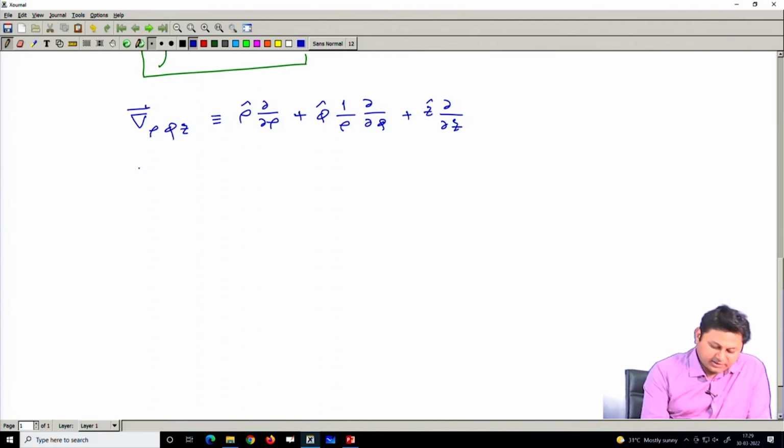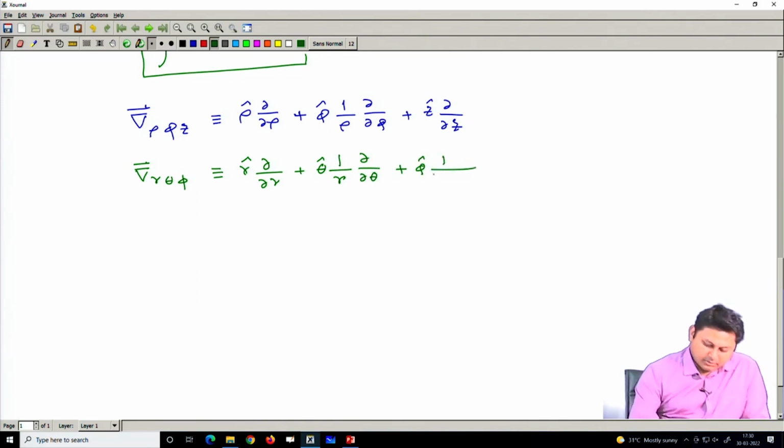What about the spherical coordinate system? In spherical coordinates, I write r, then theta, and then phi, and the operator reads like this: theta, 1 by r del del theta, plus phi, then r sin theta, and this.